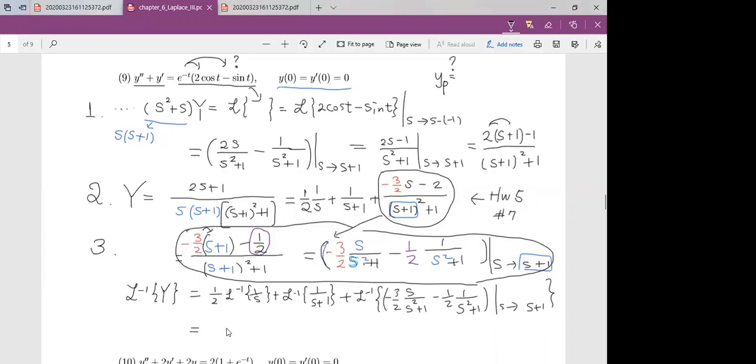Fantastic. And so the first term is just 1, half times 1, and then e to the negative t.